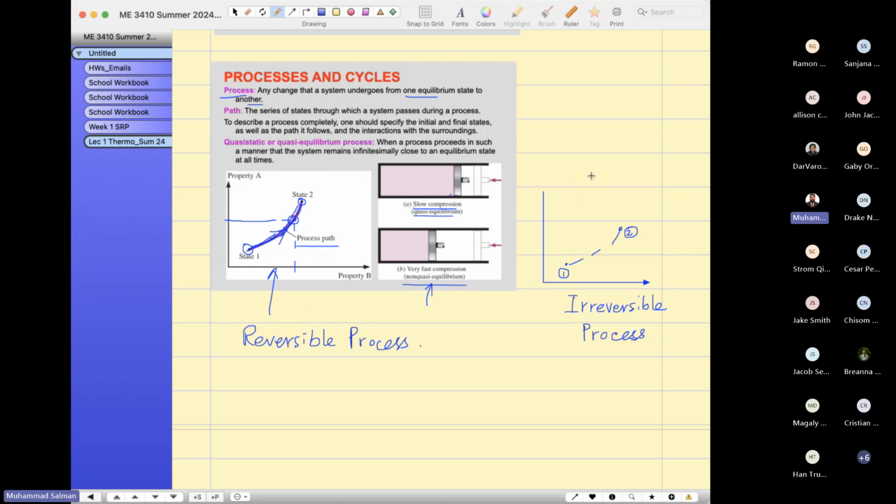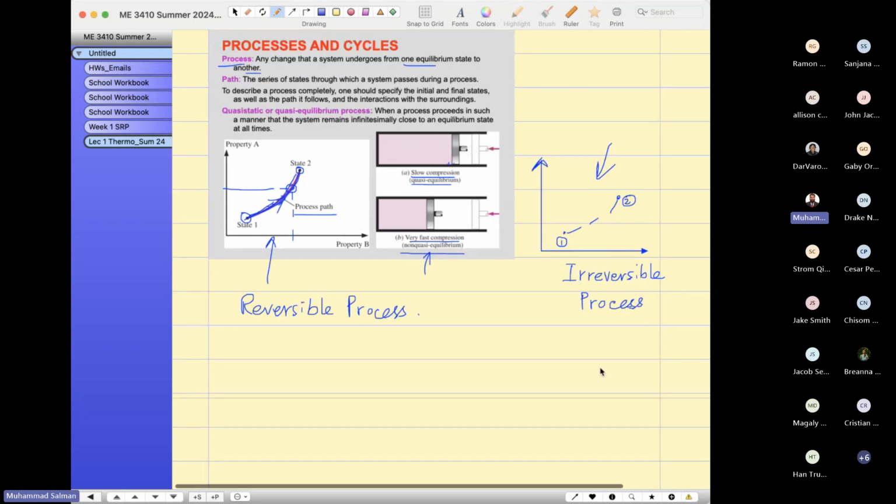You see, an example for this one is very fast compression, or if you have a flat tire, you suddenly lose air pressure of the tire to the environment. That is an irreversible process.